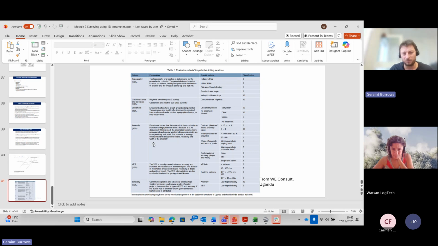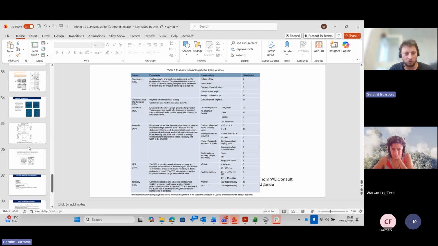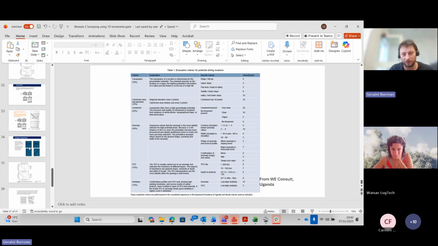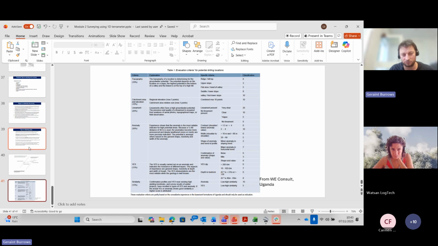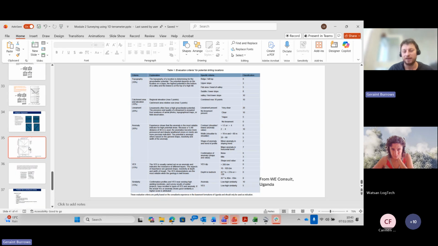So those are some very useful tips from We Consult that help, when you're looking at these anomalies and the shape of the curves associated with the vertical electrical soundings, to give more credence to judging the value of both the anomalies in the constant separation traversing, but also the shapes of the curves from the vertical electrical sounding.